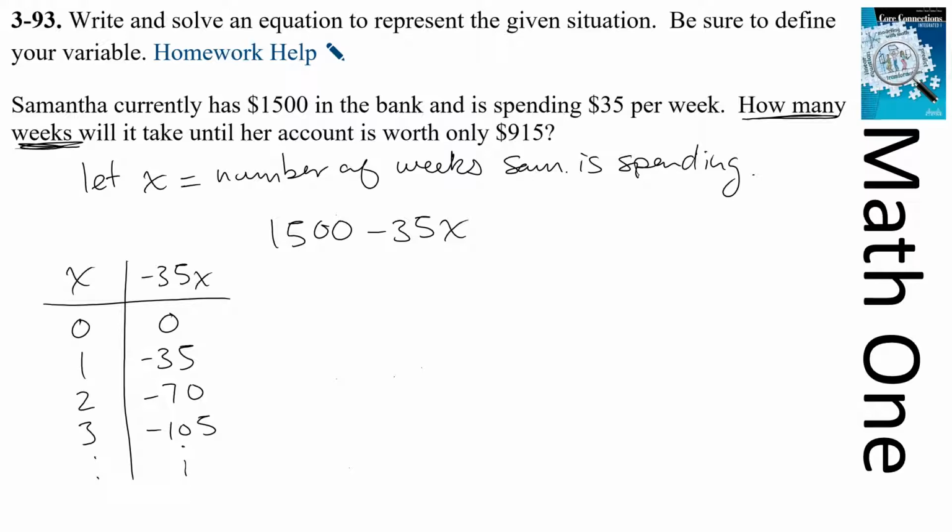I want to know when this expression reaches $915. So this equation, 1,500 minus 35x equals $915, will tell me exactly when her account has reached the amount of $915.